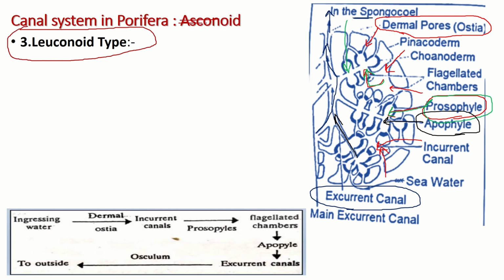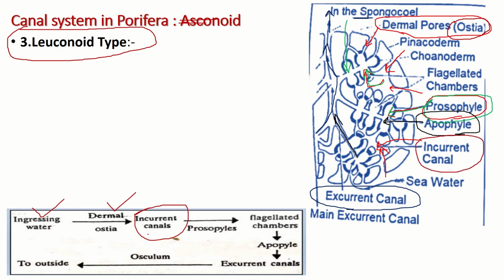First of all, the outside water, that is ingressing water, the water surrounding the animal, comes into the incurrent canal by the dermal ostia. By these ostia pores, the water comes into the incurrent canal.